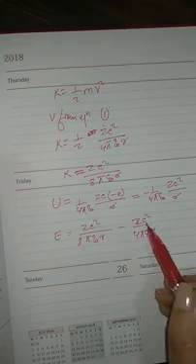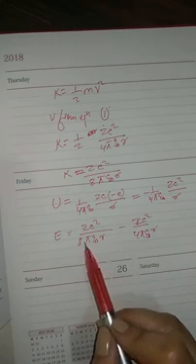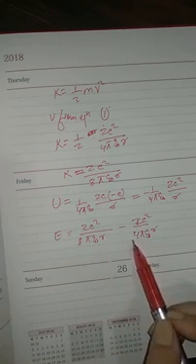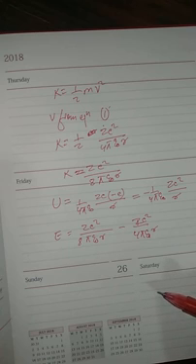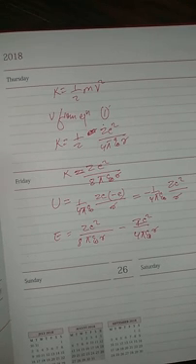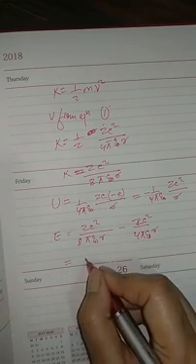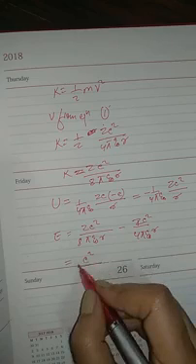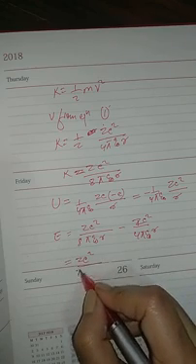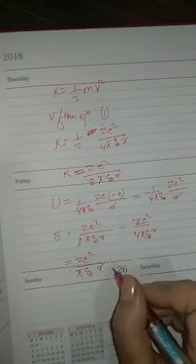From here we can take everything common apart from 1 by 8 and 1 by 4, that is Ze² divided by pi epsilon naught r.